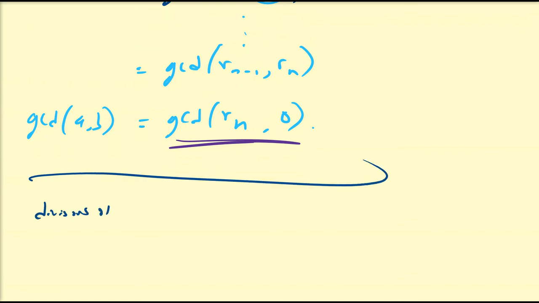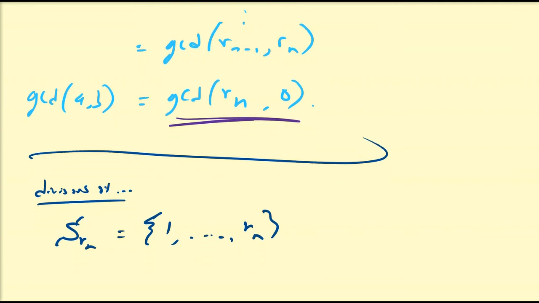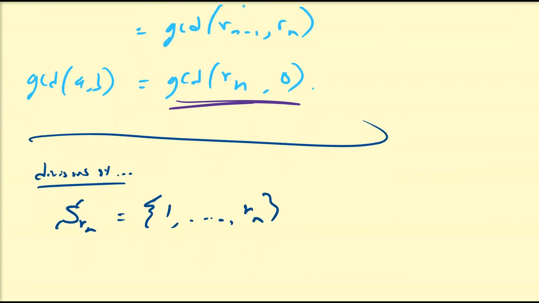So let's look at the divisors of Rn. So we know 1 is clearly a divisor of Rn. There might be others, there might be none, but we know that at least Rn is going to be the greatest number that is going to divide into Rn evenly. And the divisors of 0 are, of course, all the non-zero integers.